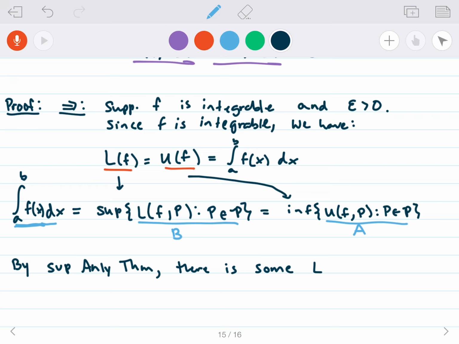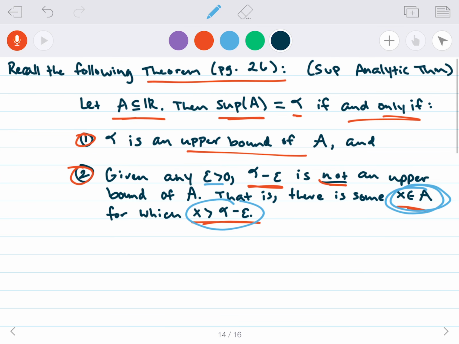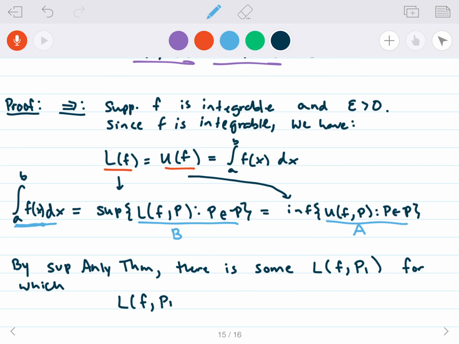So there's some L of f,P1 for which this guy, acting like our x, this L of f,P1, is going to be bigger than the supremum, which is this guy, the supremum minus epsilon over 2. Any epsilon will work. Any positive number bigger than 0, so certainly epsilon over 2 will work.